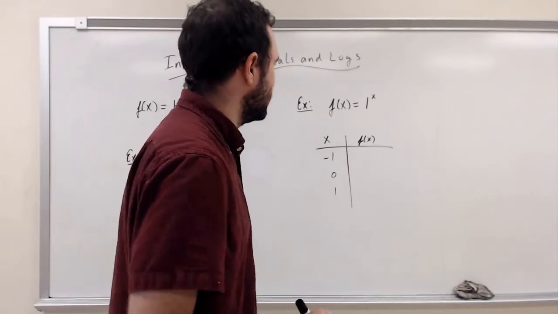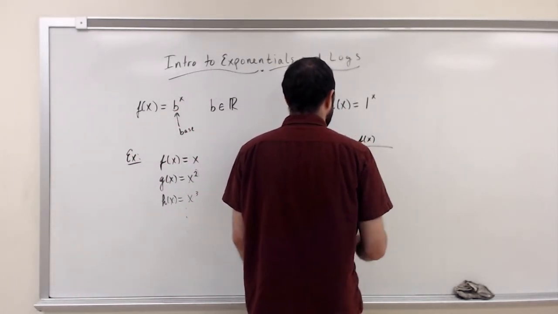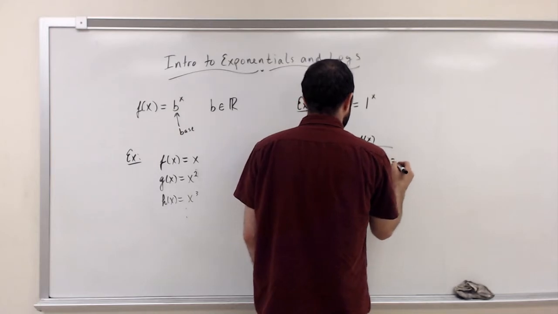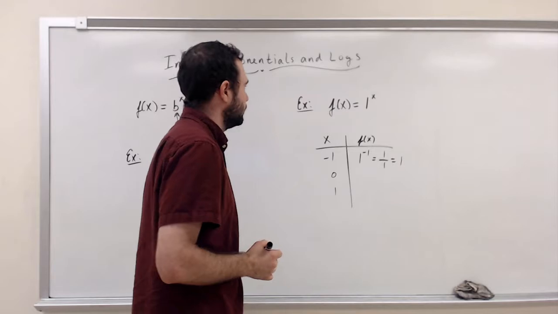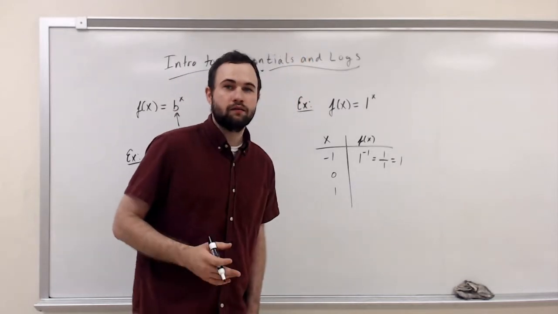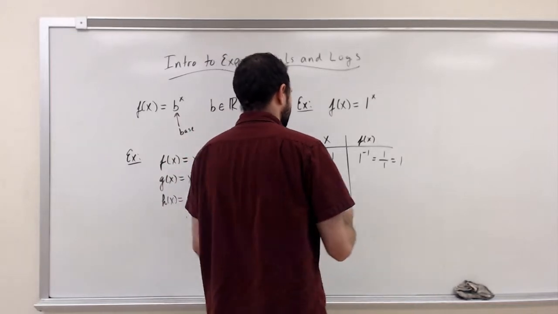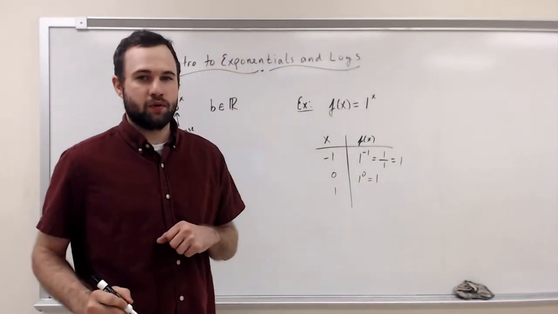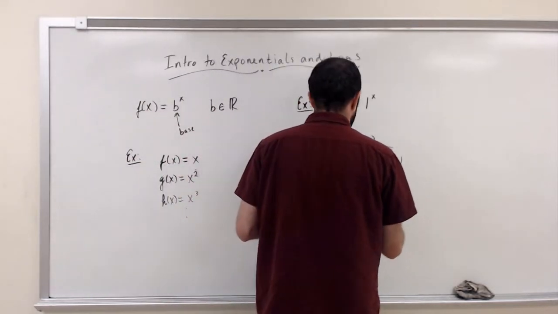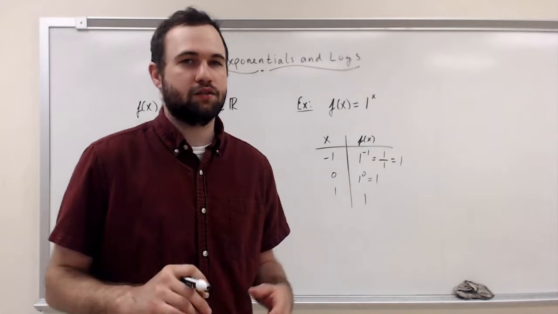Plug in -1, what do you get? Well, we get 1 to the -1, which is just 1 over 1, which is 1. Okay? Plug in 0, what do we get? Well, anything to the 0 power, as long as the base isn't 0, is 1. 1 to the 0 is 1. And then if you plug in 1, that's pretty clear. 1 to the 1 is 1. And so it kind of seems like, well, whatever value we plug in here, we will get 1, and that's true.